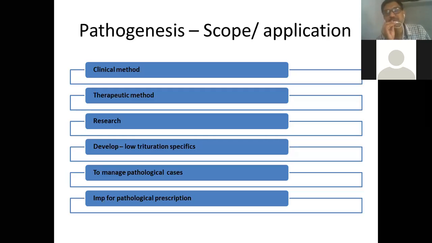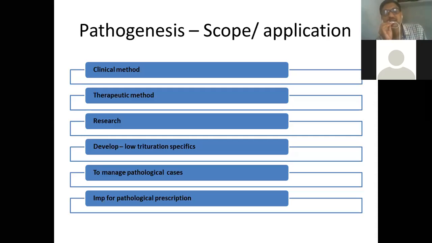So certain animal experiments could be conducted on albino mice or on frogs, where Cinchona will be given and their hypothalamic center will be studied under the microscope. So it is a good scope for research.